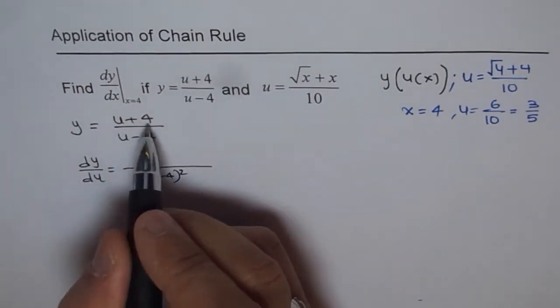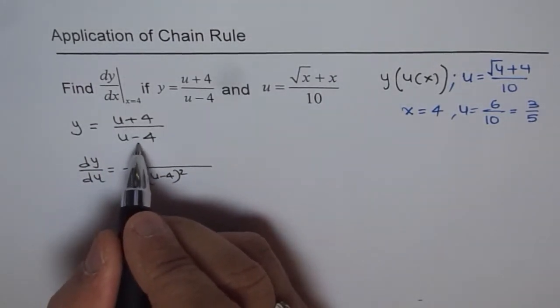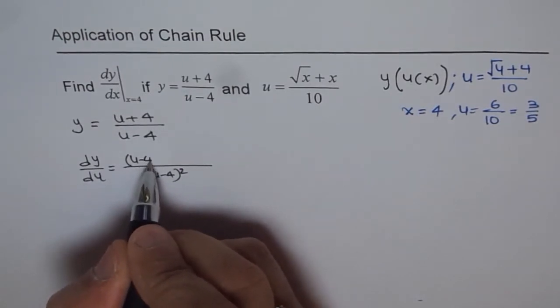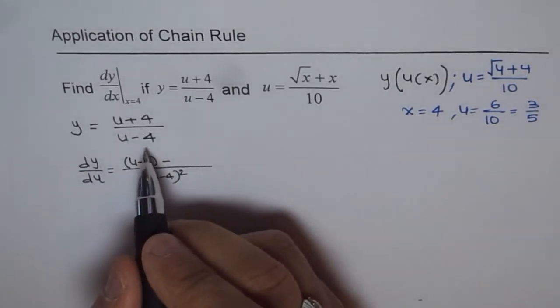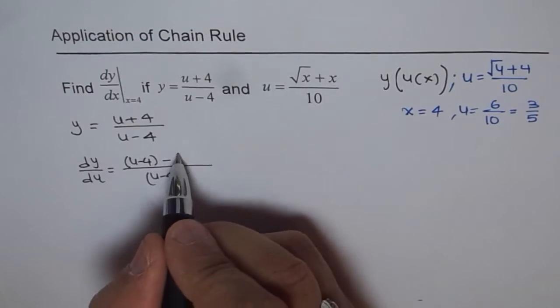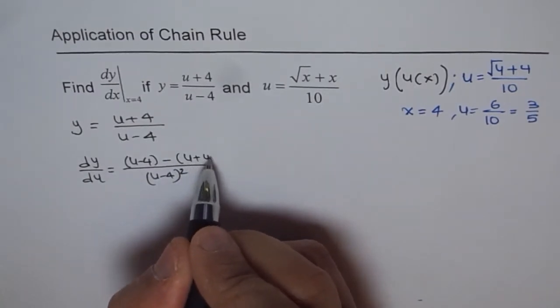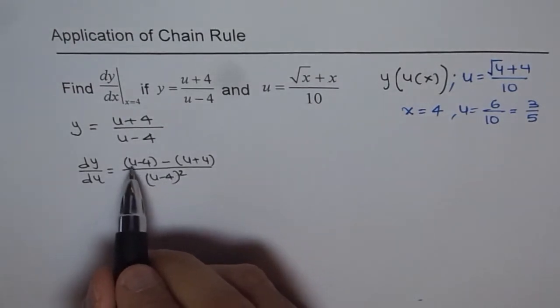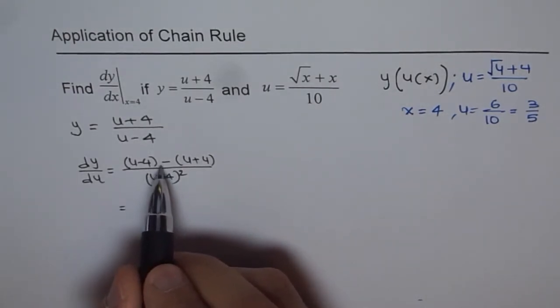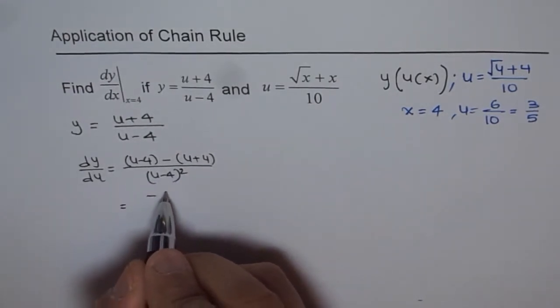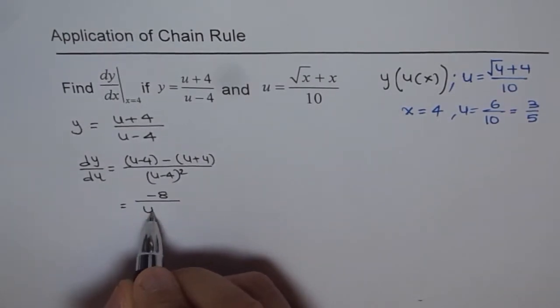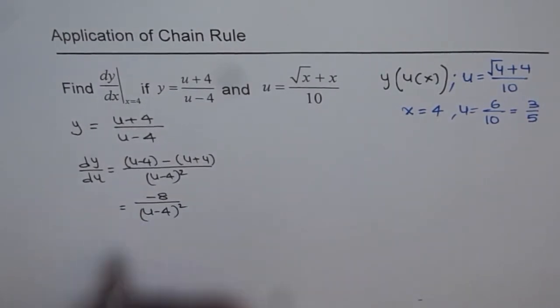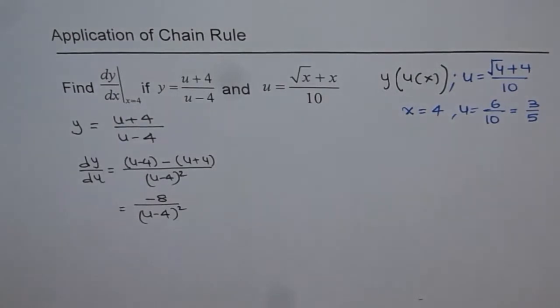Derivative of the first function, which is 1, times the second function, which is u minus 4, minus the derivative of the second function, which is 1, times the first function. So what do we get? u minus u is 0, minus 4 minus 4 is minus 8, so we get minus 8 over (u minus 4) whole square. So that's the value of dy by du.